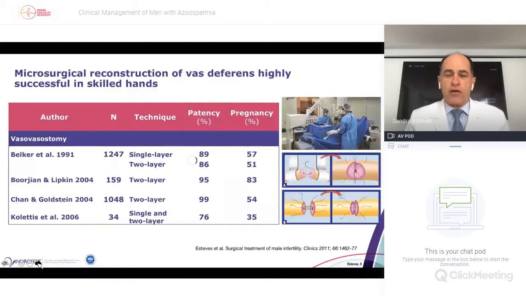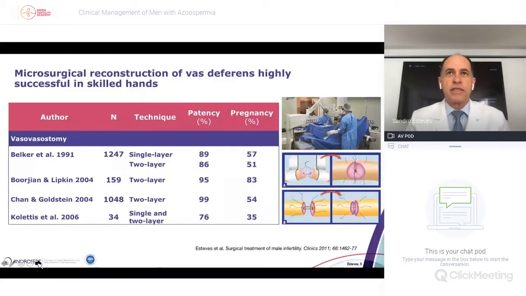Obviously it will depend on the age of the wife, and also the obstruction interval. The longer the obstruction interval, the lower the success rates in terms of reconstruction.